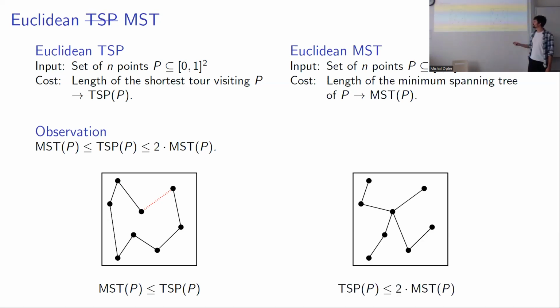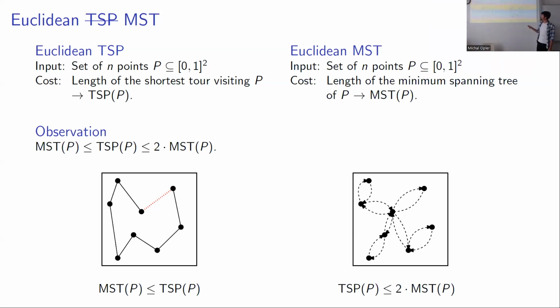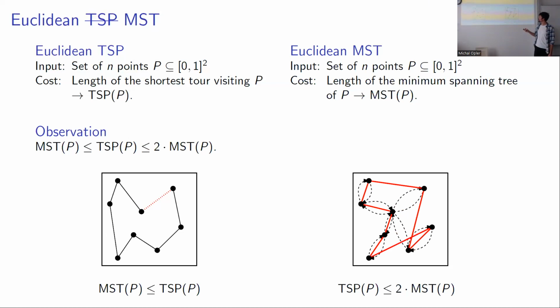On the other hand, if you give me a minimum spanning tree, I can first transform it to a closed walk that walks around the spanning tree, which is of length twice the original solution. Then I start walking around, but whenever I would visit a vertex that is already visited, I just skip and take a shortcut. This way I walk around all points, and I get a solution for the traveling salesman that's at most 2 times the minimum spanning tree.